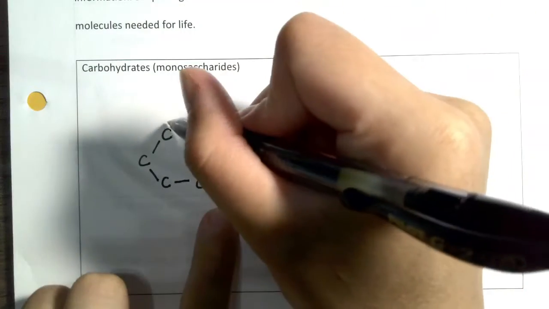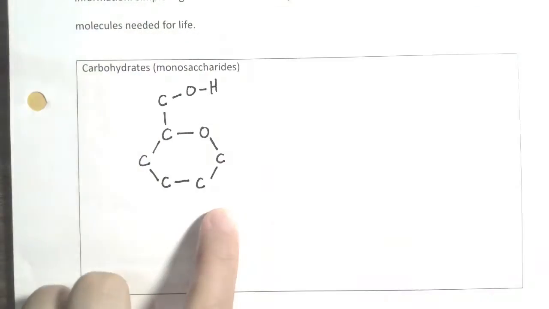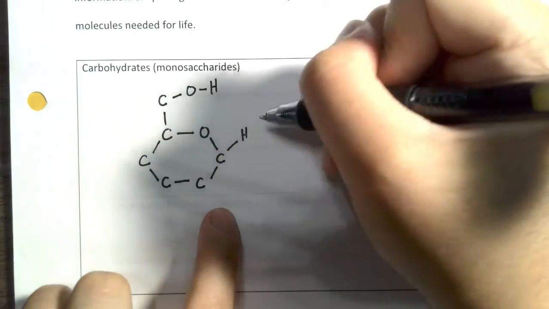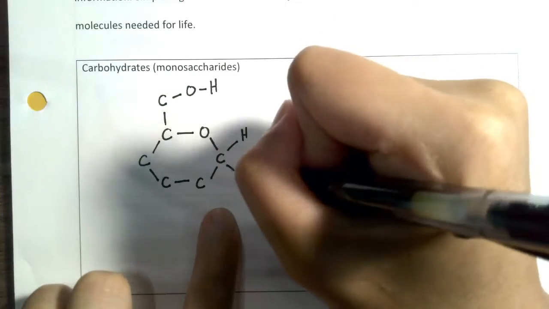And then this carbon right here is connected to another carbon. This carbon is connected to an oxygen and a hydrogen. This carbon on the side is connected to a hydrogen and another OH.